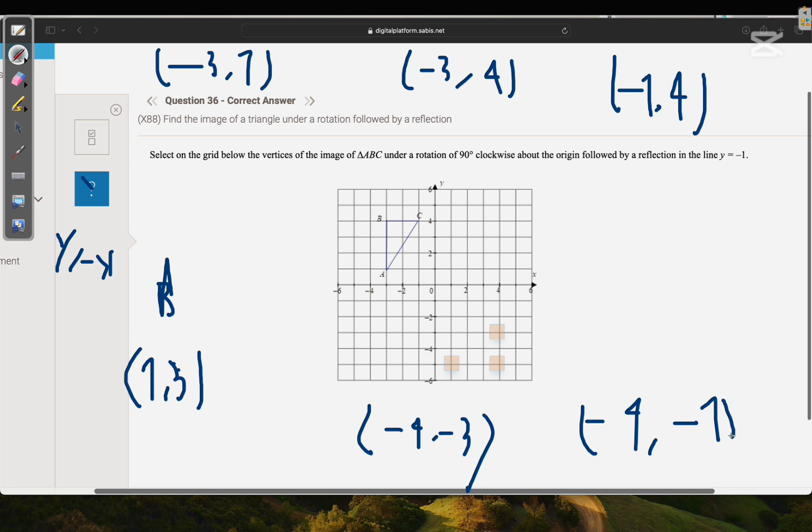So now let's plot these points in blue. Am I doing this right? Oh yeah, I am. Okay.